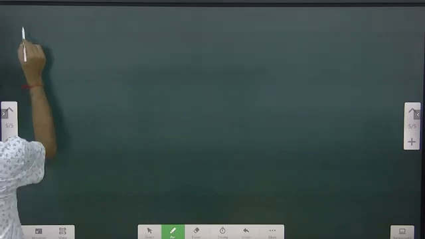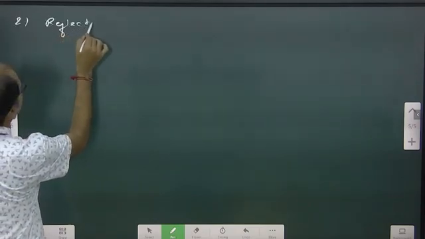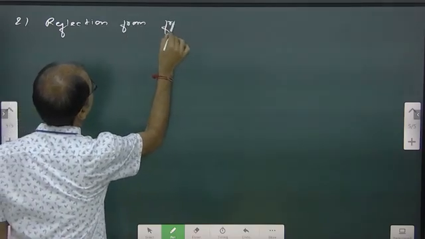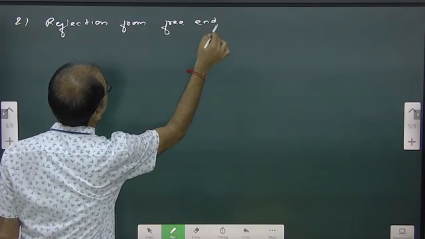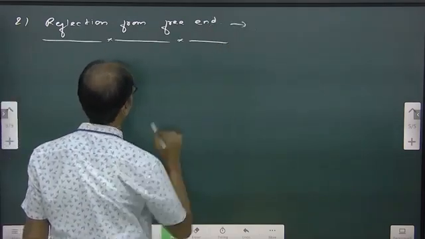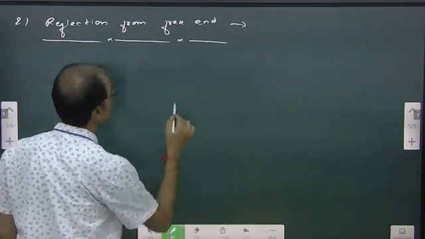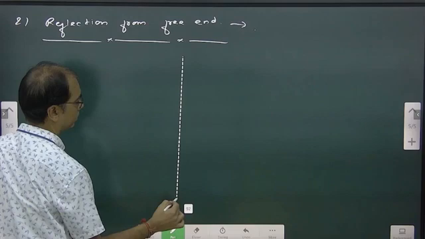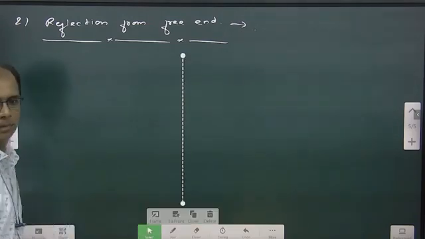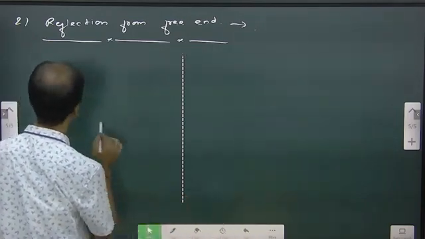Now what? Reflection from free end. From free end means what now? Free end means, this is the pole. Then it'll make string.